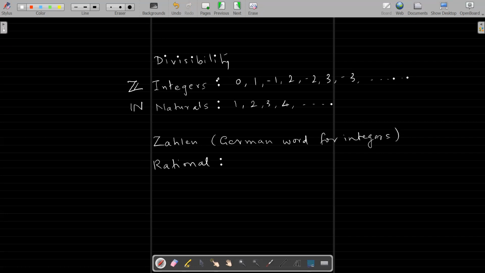They're fractions like 1 by 2, 2 by 3, or even 5 by 4 and so on. So more generally, what is a rational number? They are numbers of the form a by b, where a, b are integers and b is non-zero. We cannot divide by 0, right?